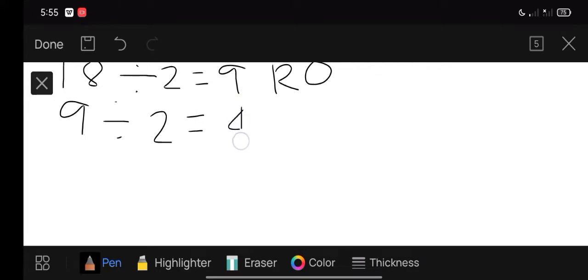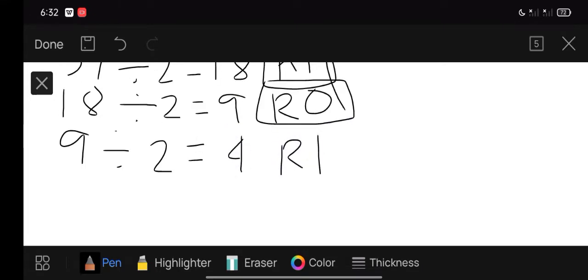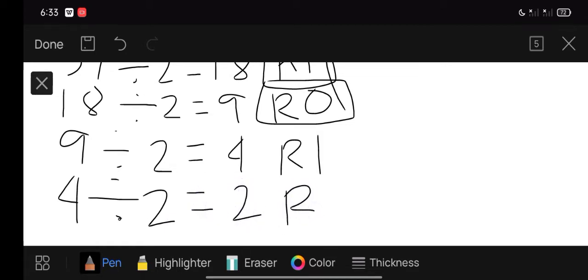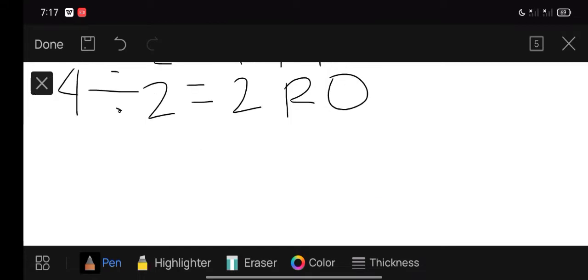And then 9 divided by 2 is 4.5. So we say it's remainder 1. And then 4 divided by 2 is exactly 2. So it's 2 remainder 0.